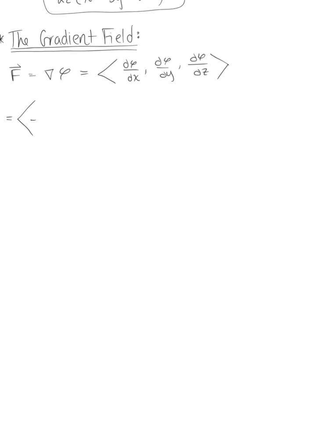We have minus x multiplied by x squared plus 3y squared plus 2z squared raised to that minus 3/2. We then had minus 3y multiplied by x squared plus 3y squared plus 2z squared, again raised to the minus 3/2.